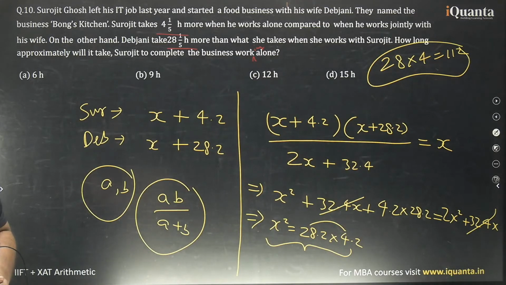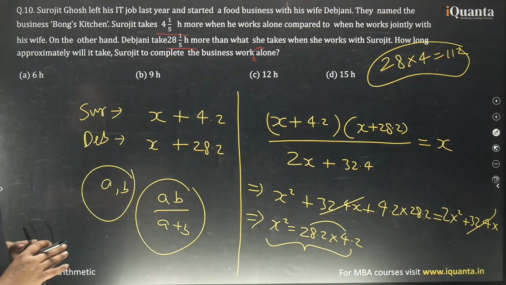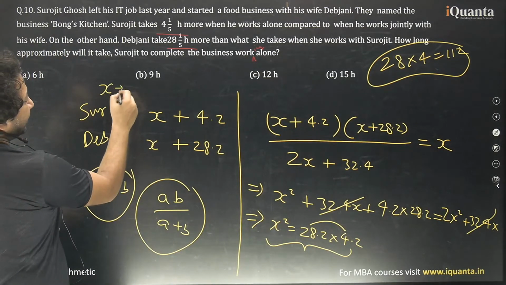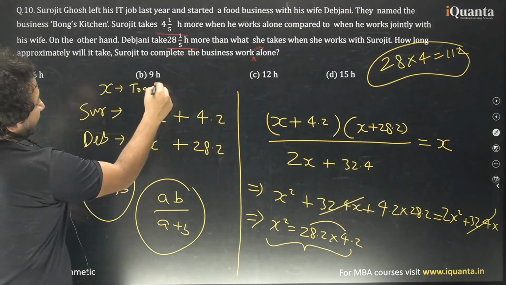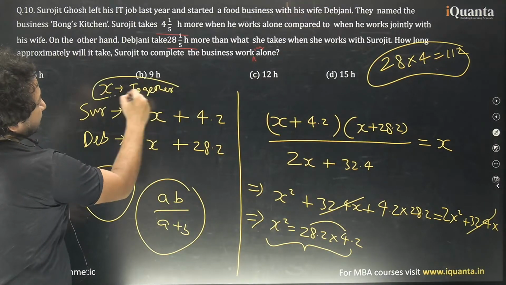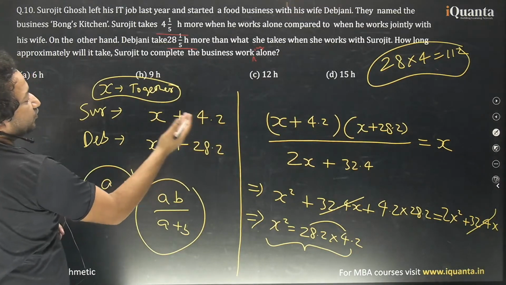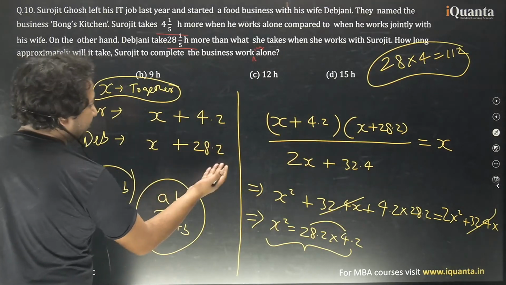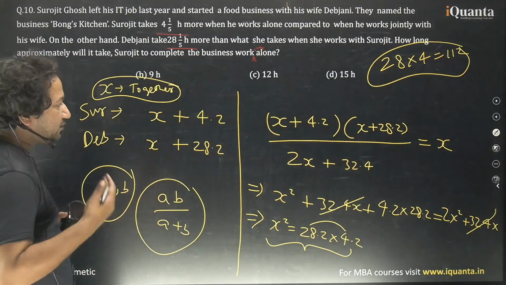Anuj, total work is not equal to x. That's the total time to complete the work. I assumed x to be the time in which both these guys working together are completing the work. I'll just repeat. I assumed that x is the time taken when they are working together. According to the question, the husband takes 4.2 hours more than what they will take working together, and similarly, the wife takes 28.2 hours more than what they will take working together.